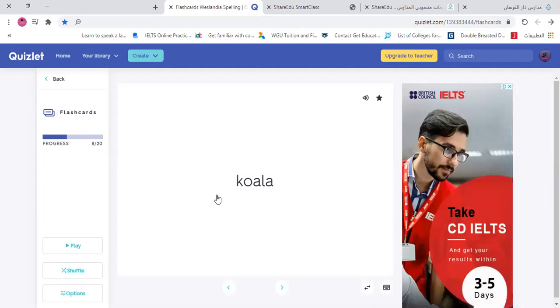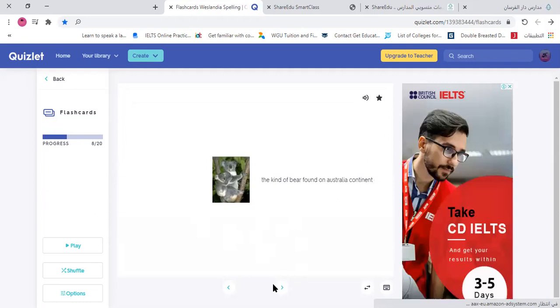Actually, Australia is the only country in the world that had koalas in big numbers. And then after that, people came to Australia and took them to different parts of the world, so now they have a lot. We don't have koalas. And actually, the national animal of Australia is the koala.